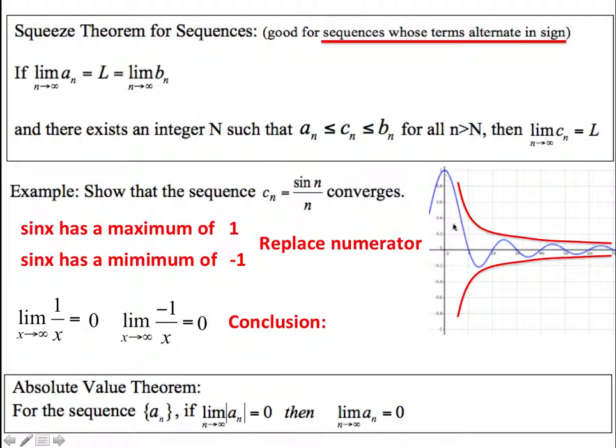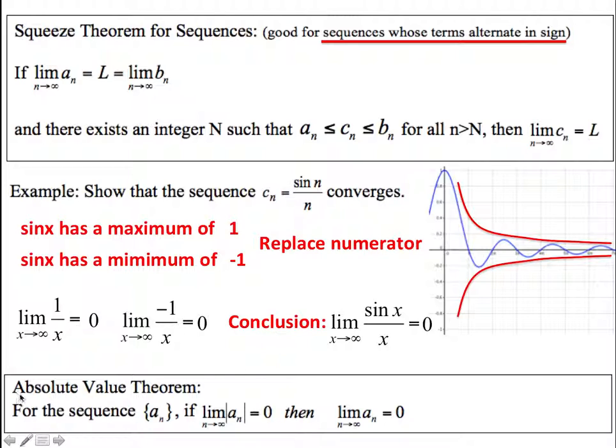You can definitely see that on the graph here. As it oscillates back and forth, it oscillates between these two boundaries, so to speak. So when we take the limit as we go out infinitely many terms, we can say that the limit of sine of x over x is 0, based upon the fact that these two both go to that same number.